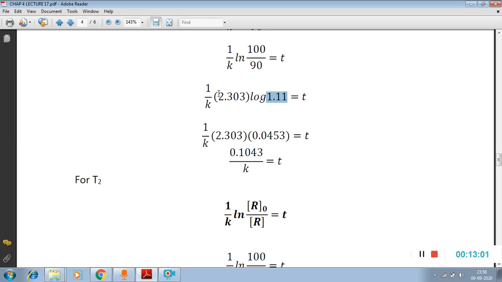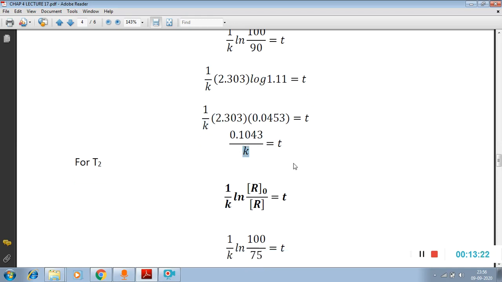Convert ln into log, so multiply it by 2.303, log 1.11, that is 0.0453. Now this multiplication you will get 0.1043 divided by K is as such here, is equal to time T.